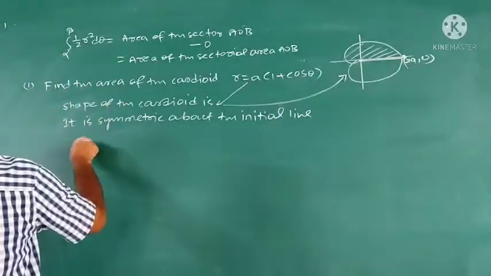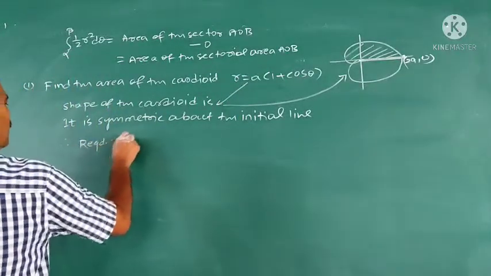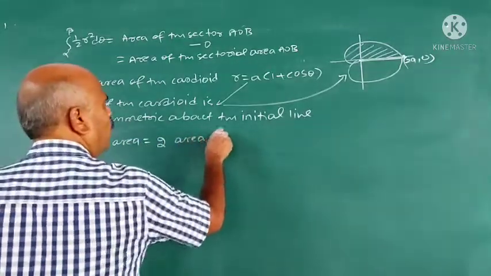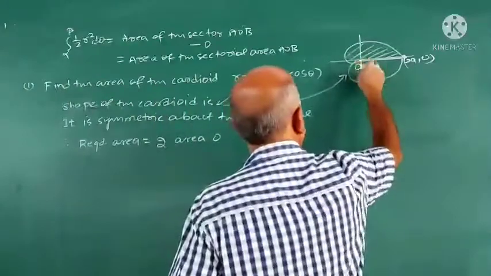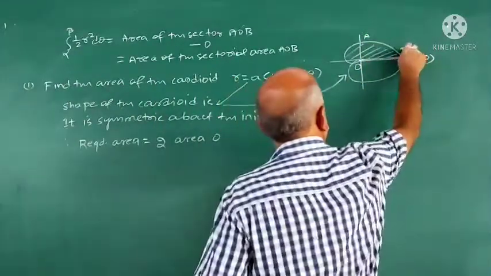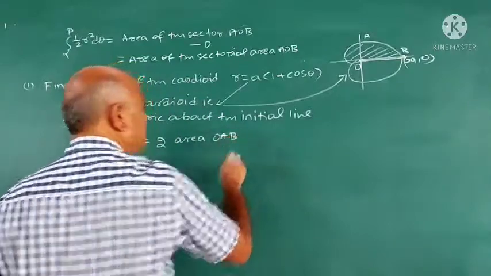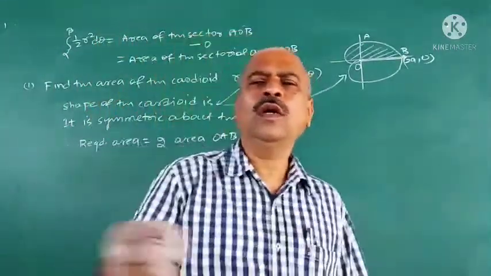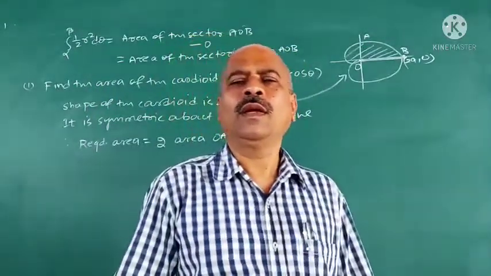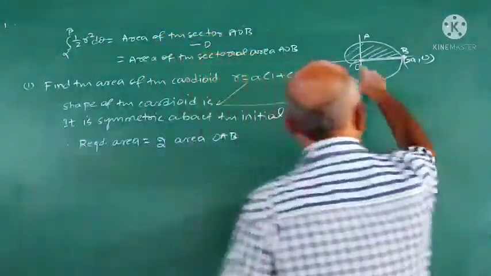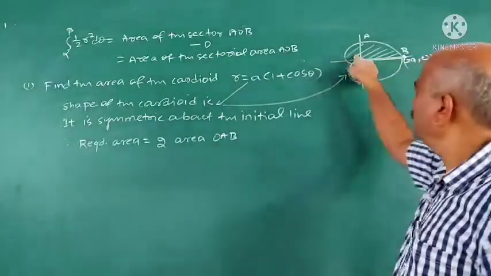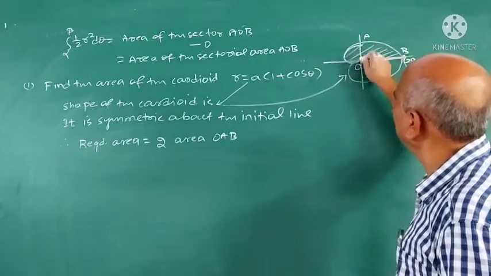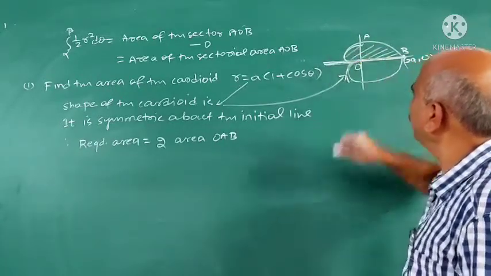Therefore, the required area is 2 times the area OAB. Now, what are the lines bounding this area? This is one line, and the second line is this, because this is the curve and this is the tangent here.